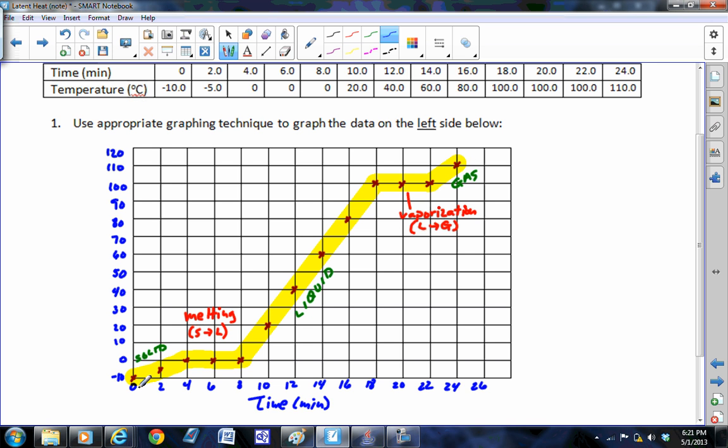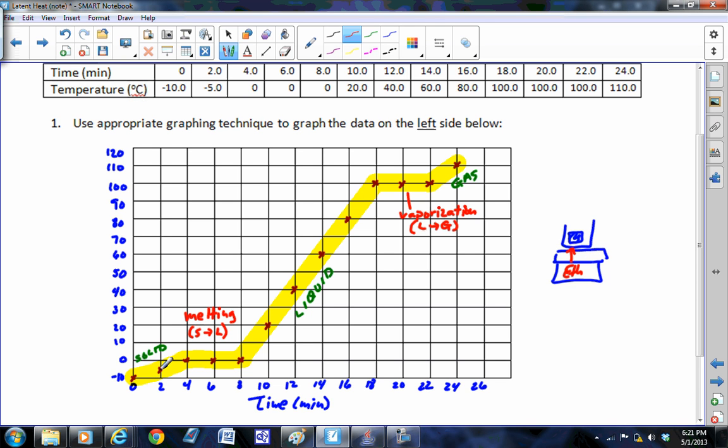Now, you'll notice that as we increase temperature, as we go with time, we're continually heating this on a hot plate. So what happened was we had a hot plate, we had a container that had ice in it. So there's my ice, and we're continually adding thermal energy. And as we're adding thermal energy, what happens is initially the thermal energy goes into EK, temperature.